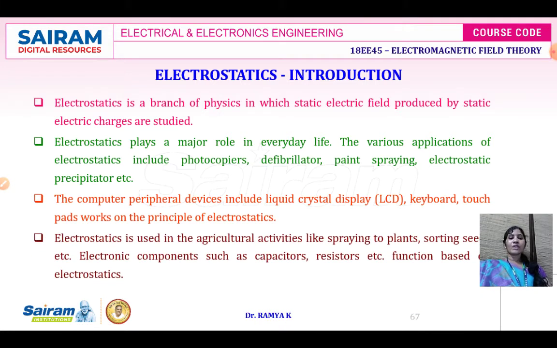We have more examples under agricultural activities, like spraying plants and sorting seeds, then electronic components such as capacitors and resistors. These also function based on the electrostatic principle. So whatever applications you take in our day-to-day life, they are all working under the electrostatic principle.